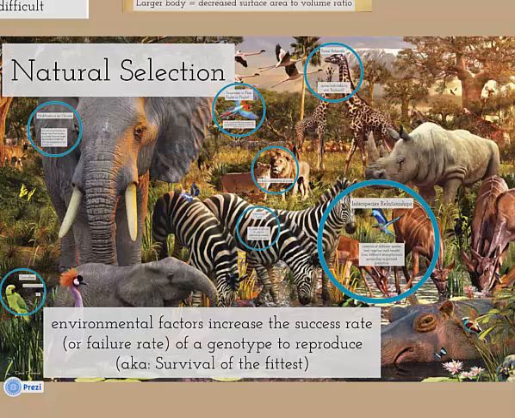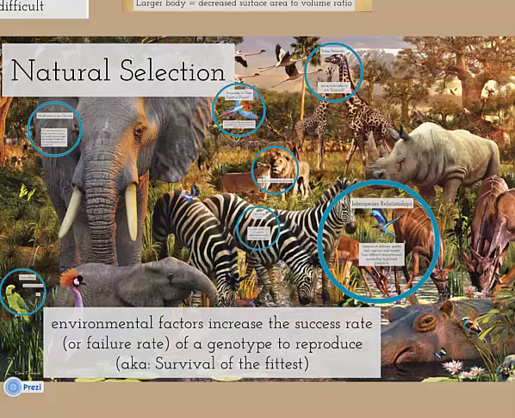Now, when I say fittest, don't picture the most muscular lion or the most ripped zebra. What I mean by this is fitness is purely the ability of an organism to pass on its genes to future generations. So the more offspring you have, the more fit you are, because you've been more successful at passing on your genes.